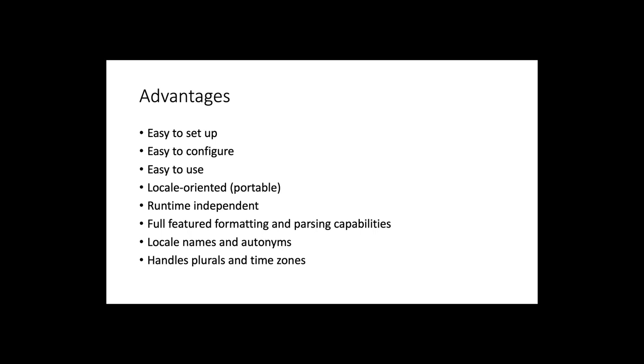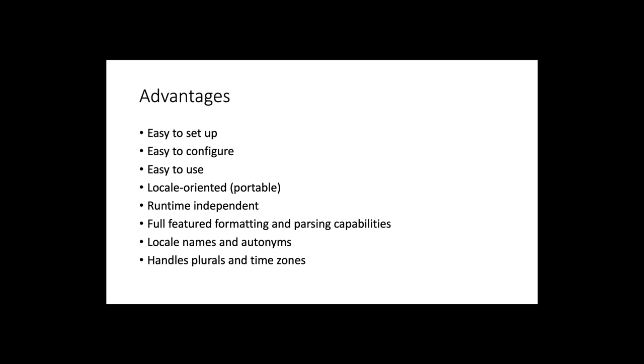Furthermore, because i18n Locale is both locale-oriented and runtime independent, the locale object you create can be passed as a property to any UI component, and it will always work the same in any browser.